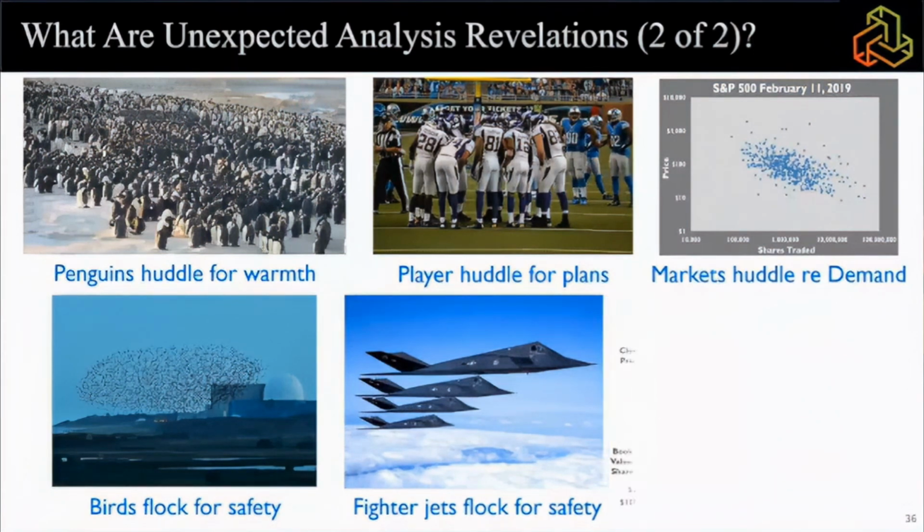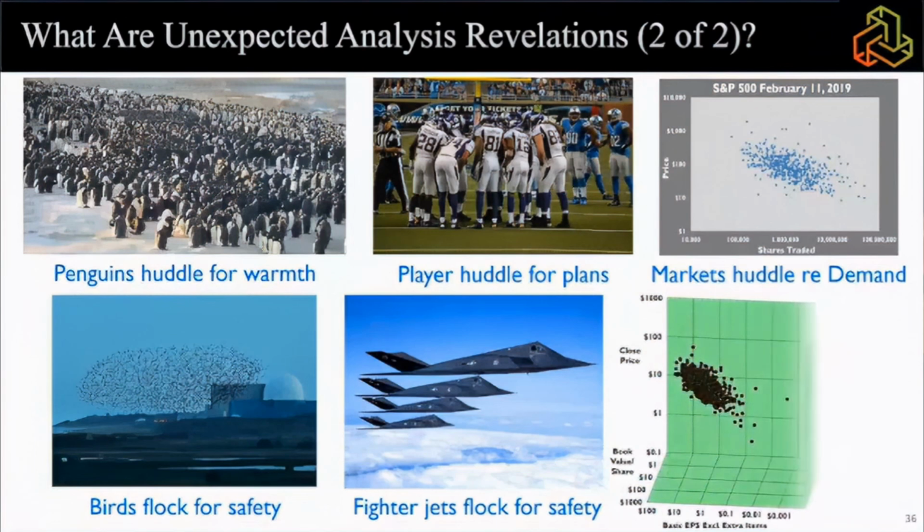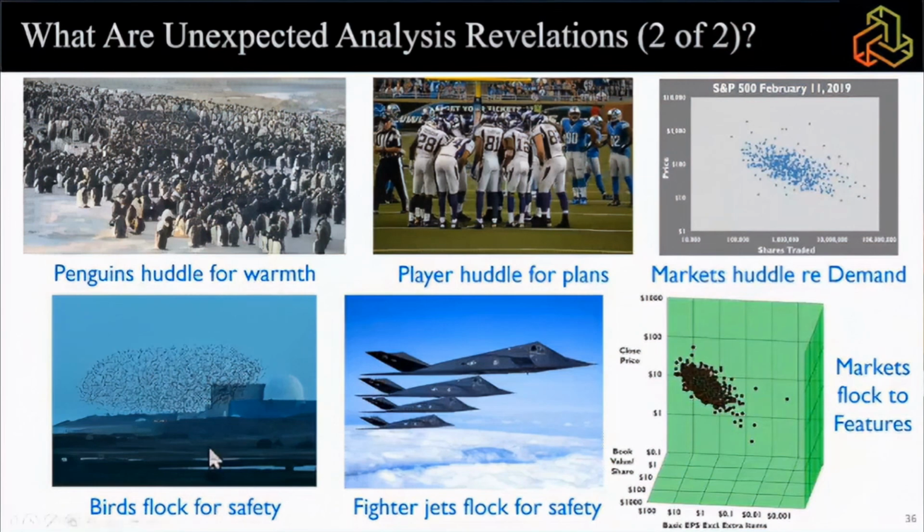And it turns out that the stock market does the same thing. The stock market flocks to features. So in this case, again, this is price in this direction. This is the earnings per share. And this is the book value. And there's a flocking tendency that happens here that doesn't look dissimilar from this flocking tendency here.